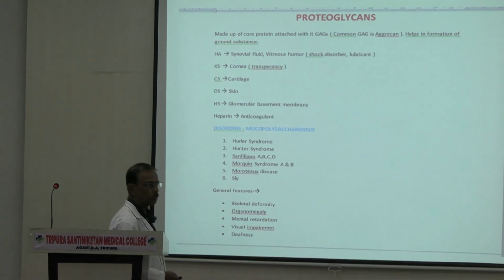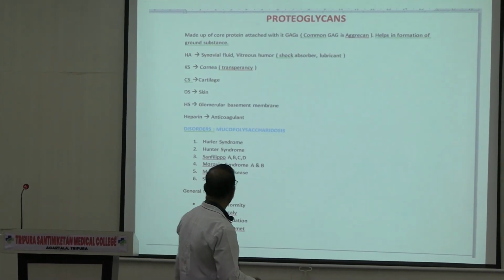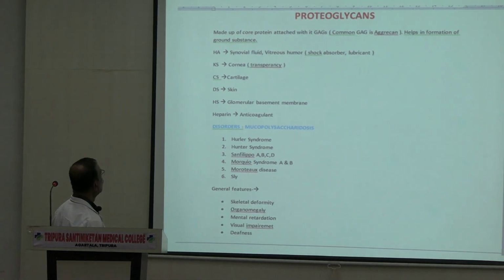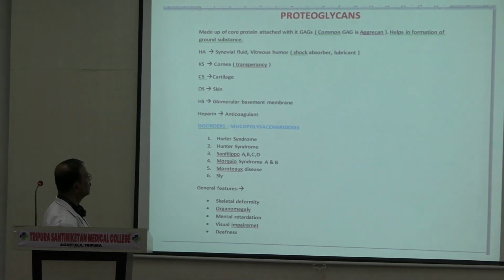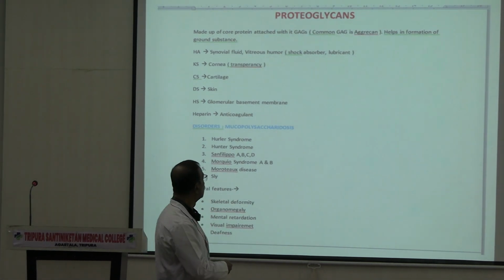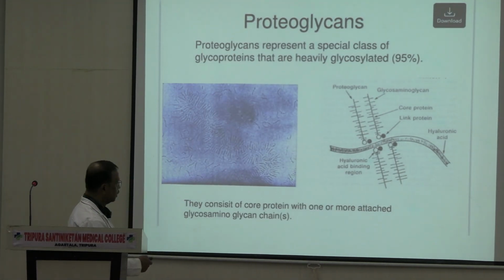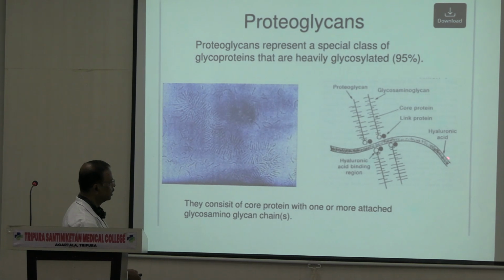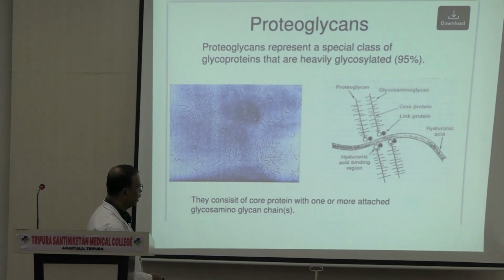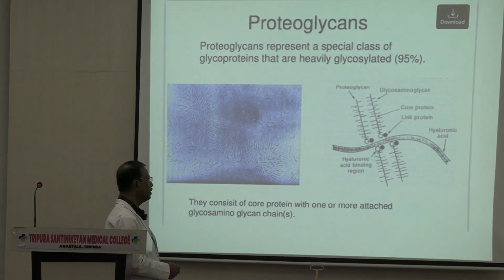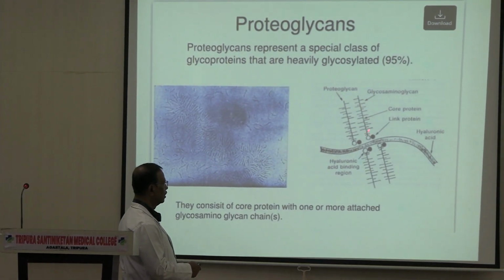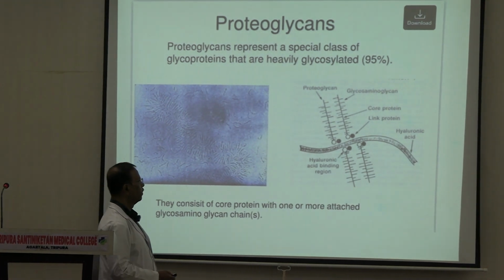Like proteoglycans, the third group, proteoglycans. So proteoglycans are made up of a core protein attached with hyaluronic acid. See, there is a hyaluronic acid attached with a long core protein. Now within that core protein, the glycosaminoglycans are attached. Okay.